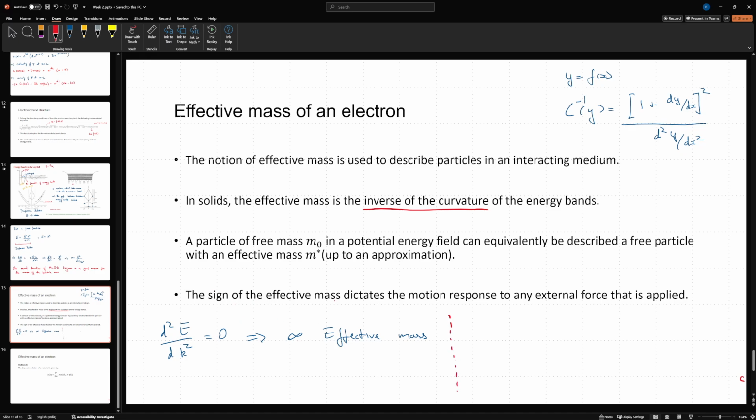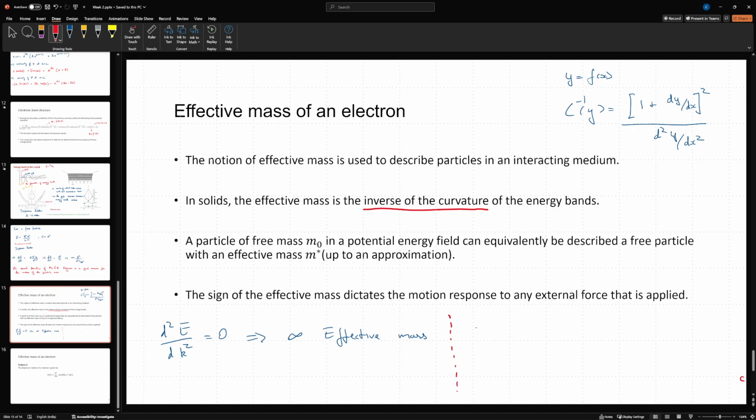So the sign of the effective mass dictates the motion response. If it has a positive effective mass, it will move with the force. If it has a negative effective mass, it will move against the force. Like if I'm pushing a negative effective mass particle from left to right, it will actually move from right to left.